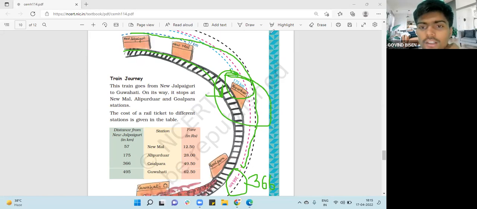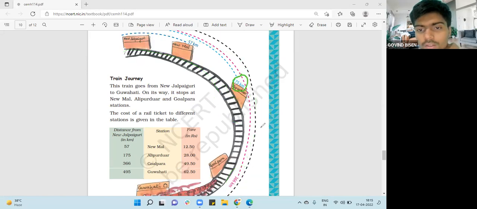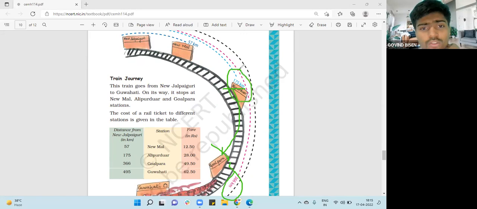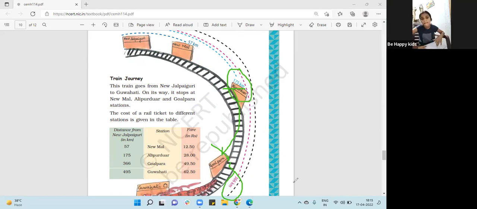So let us find the distance between Alipurdwar and Golpara now. So what shall we do now? We have to subtract it. Okay. So which number do we have to subtract from, and which number? 175.